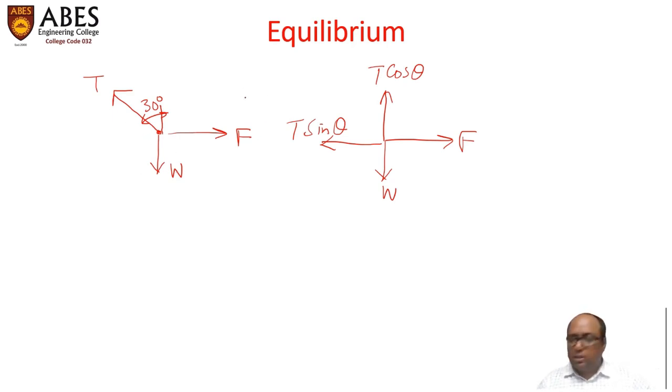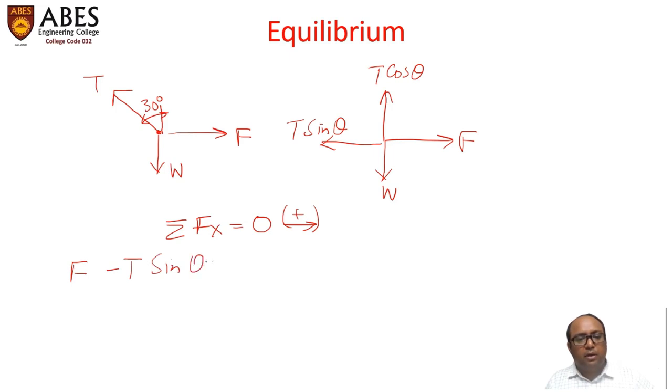Now apply the concept of equilibrium. The first equation is that the sum of all forces along the horizontal direction is 0, taking right side as positive. So the equation becomes F minus T sine theta equals 0, or F equals T sine theta.